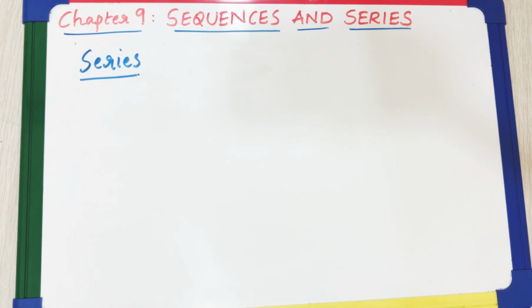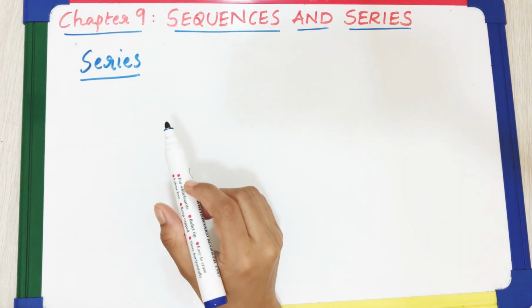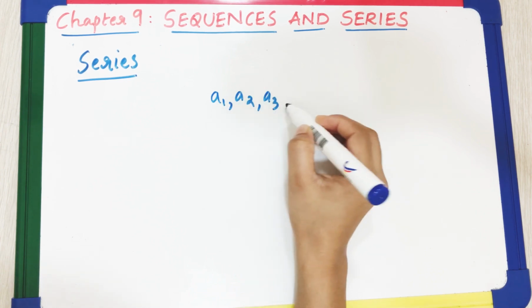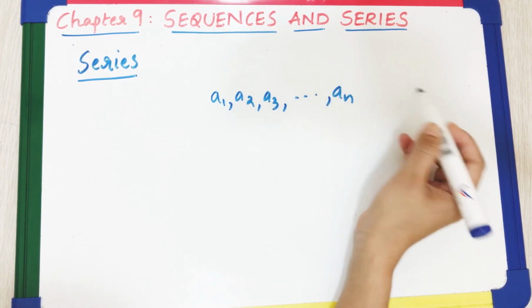We have seen what a sequence is. We can discuss more examples later. Before that, we can see what a series is. Let a1, a2, a3, etc., an be a given sequence.